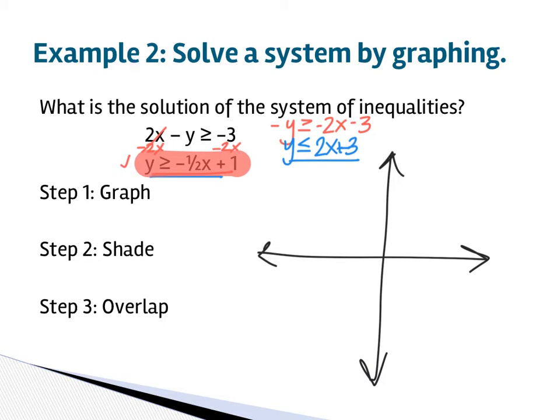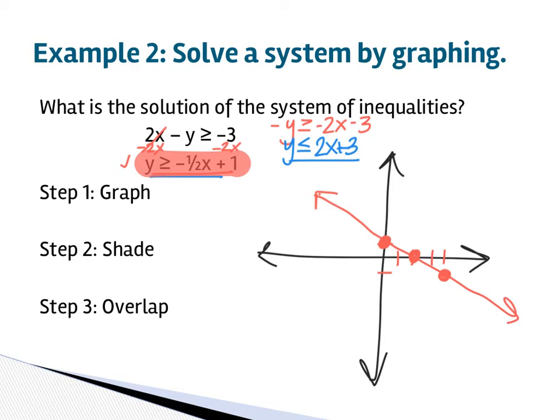So we're going to go up 1, then slope negative 1/2, so down 1, right 2, down 1, right 2, and then graph your line. If it's greater than or equal to or less than or equal to, you're going to put a solid line. And then you're going to shade the graph.